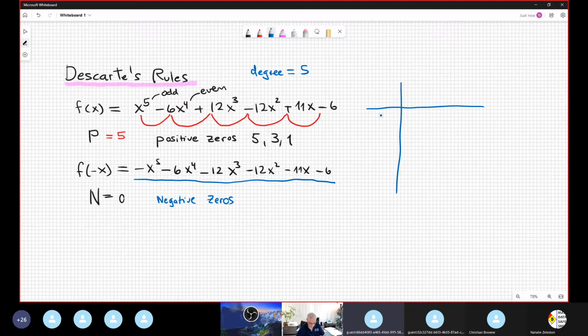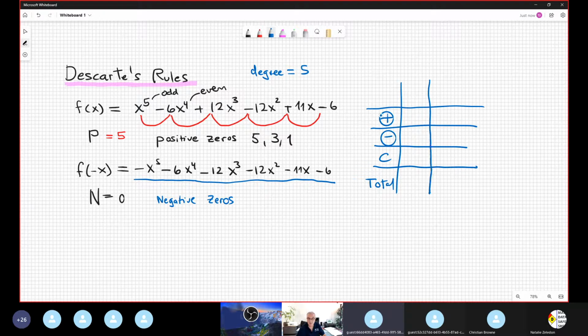The table is always the same: positive zeros, negative zeros, complex, and total. One possibility is number 1: 5 positive, no negative, in total 5, so no complex. Esa es one possibility.